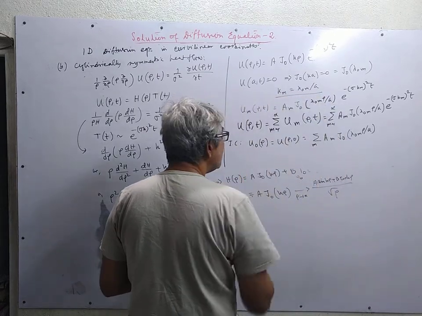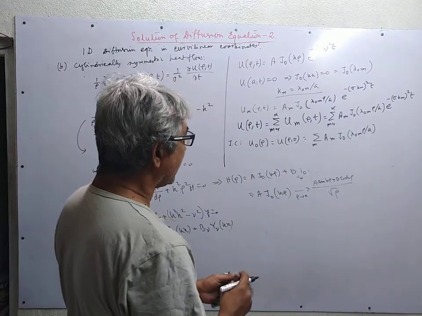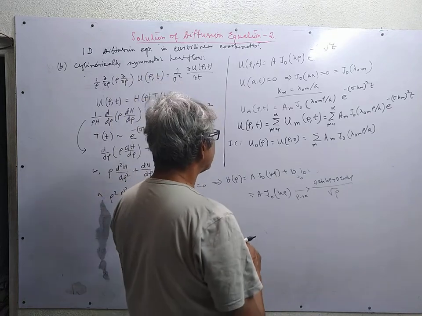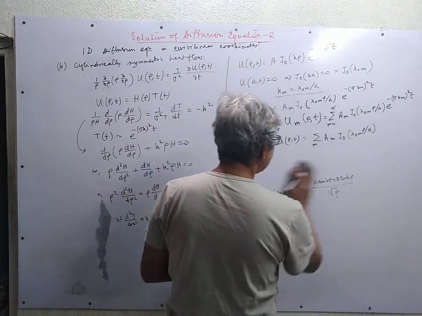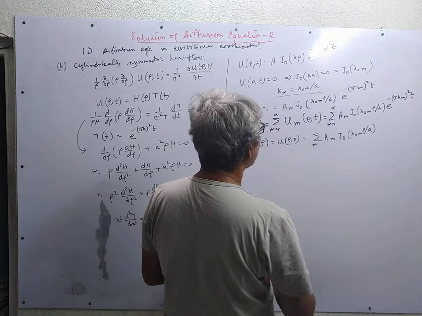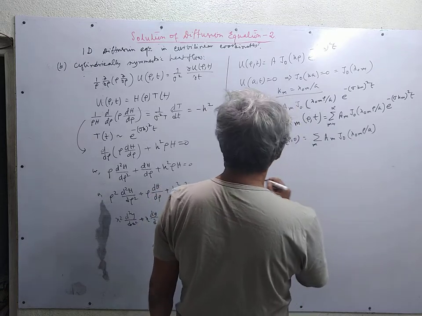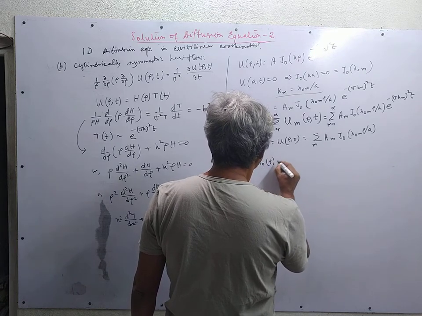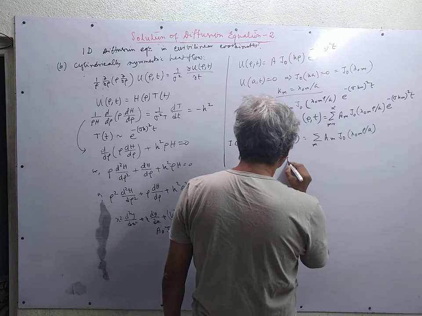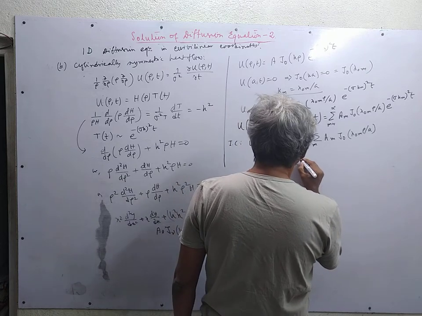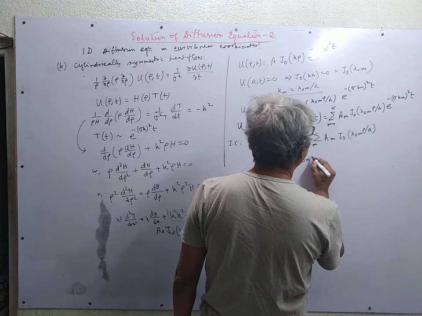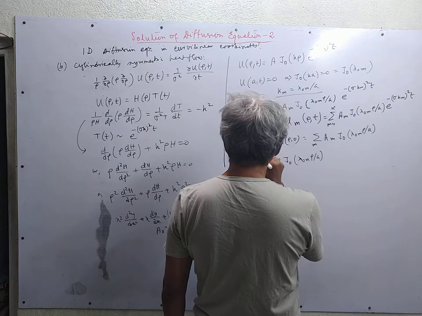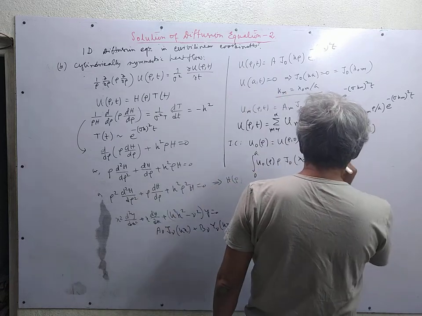Now if we want to find out am, then we have to apply the orthogonality relation of Bessel function. So to this end we multiply both the sides, that is u0 of rho, multiplied by rho J0 of lambda 0n rho by a, and integrate it from 0 to a over d rho.